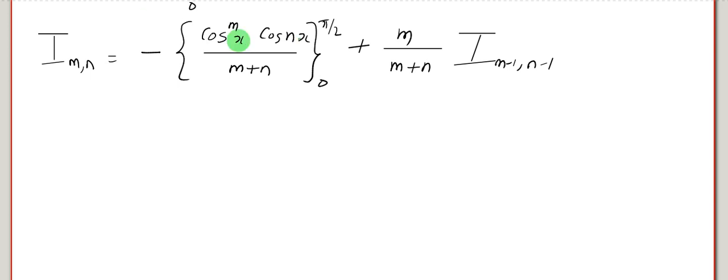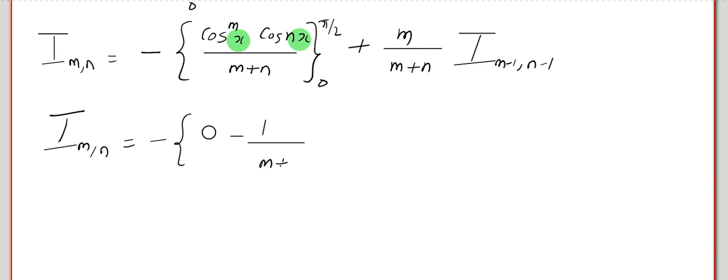We have to plug in the upper limit now. What is cos 90 degrees? 0. So when you plug in the upper limit, you're going to get 0 minus cos 0, which is 1. 1 to the power m, 1. Cos 0, 1. That's it.